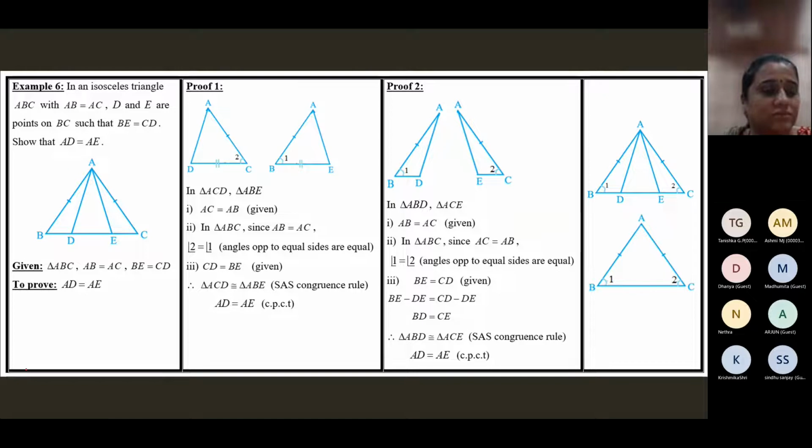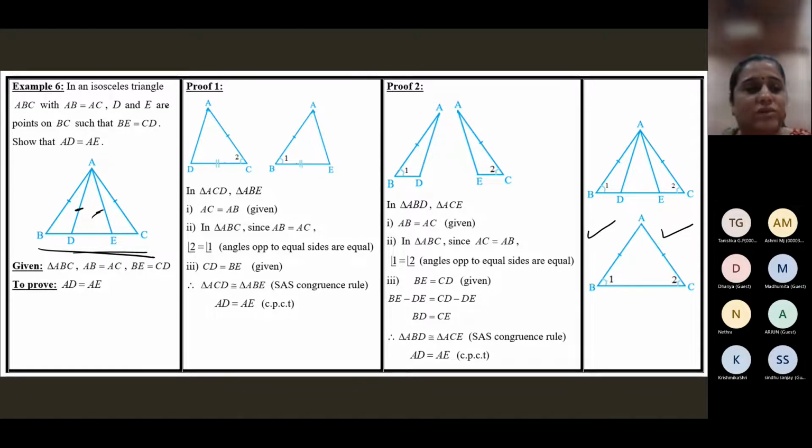Okay, so here, example 6: in an isosceles triangle ABC with AB equal to AC. See, I've shown the triangle separately here. Can you see it here? We have other line segments AD and AE also, but see the triangle ABC alone here.